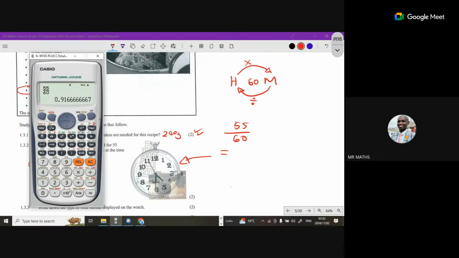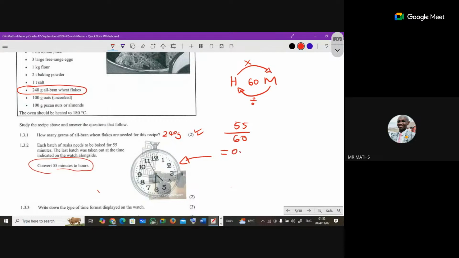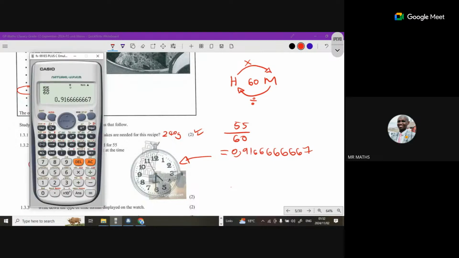It's going to be 0.9166666, and it goes on with sixes.